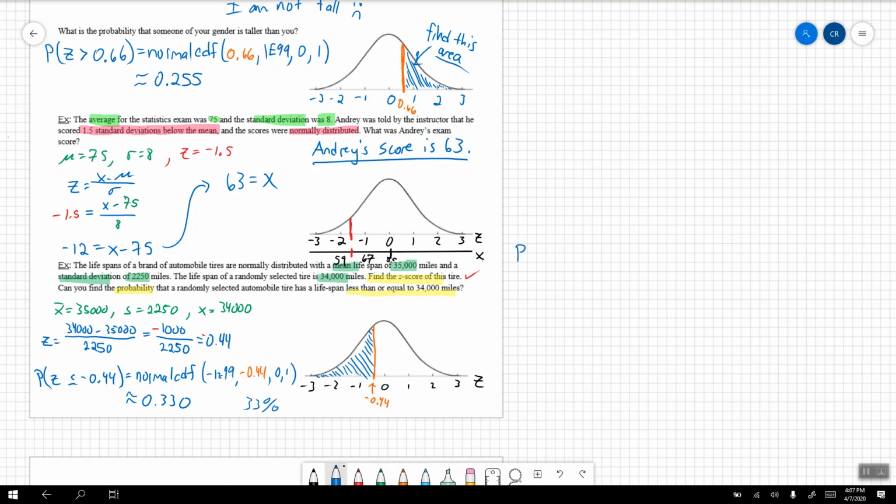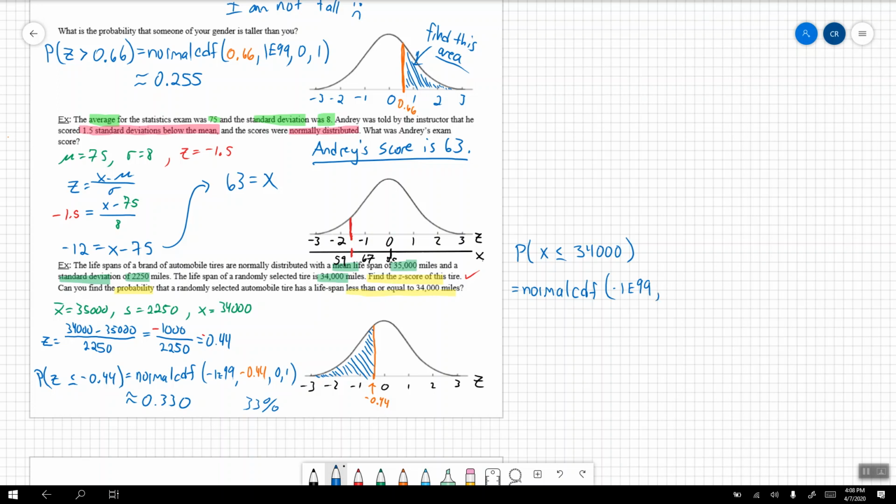If I want to find the probability that some randomly selected tire has a lifespan that's less than or equal to 34,000 miles, what I can do is I can still do my NormalCDF. I need a really large negative value, which means -1E99 still suffices here.